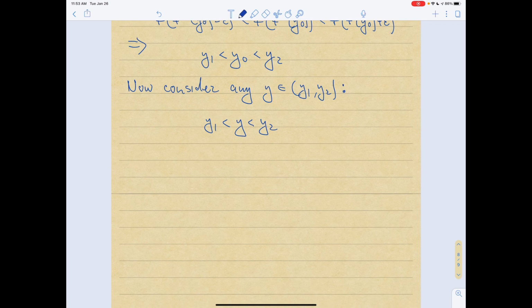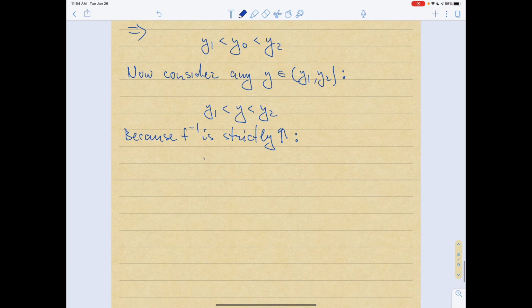Well, but then because f inverse is strictly increasing, if I apply f inverse to all three sides of this inequality, the inequality is preserved, right? Because the function is strictly increasing. So f inverse of y1 is less than f inverse of y less than f inverse of y2.